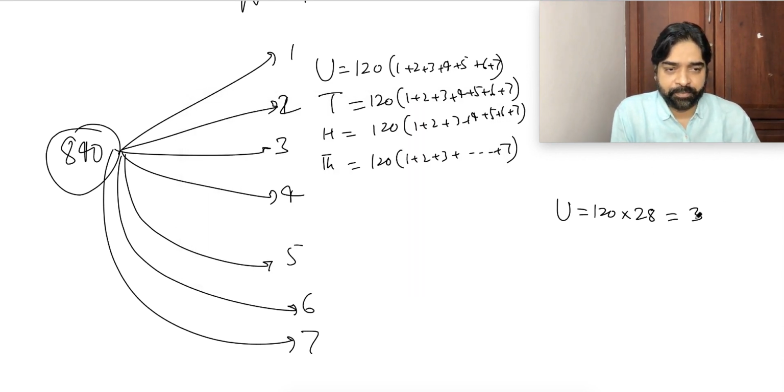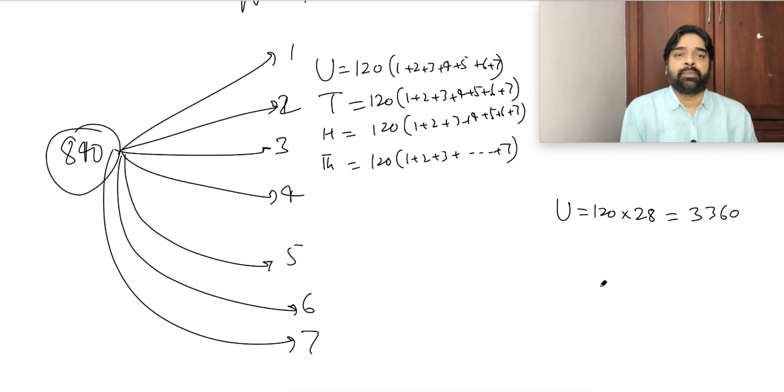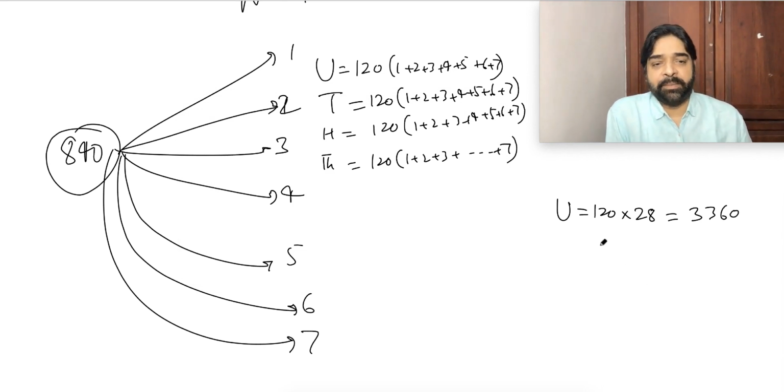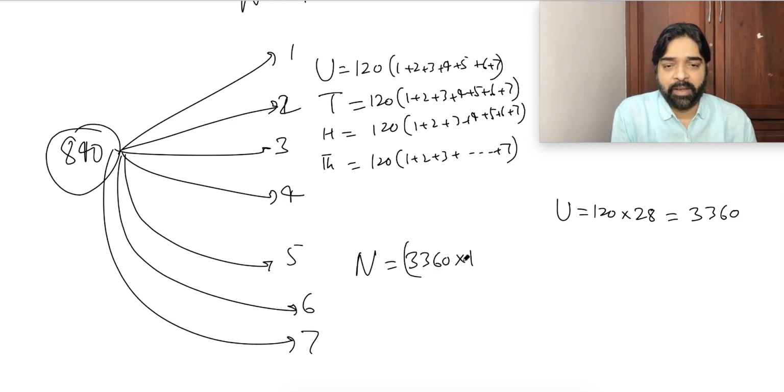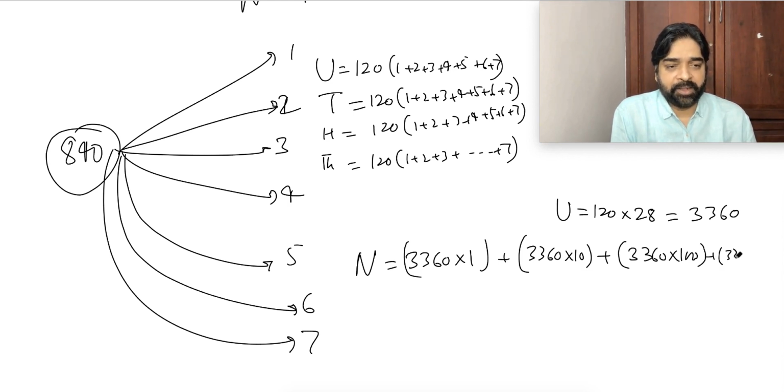3360. This is the unit place sum. Same thing for the 10th place, 100th place, 1000th place. But I have to find the numbers. The number will be: unit place into 1, that means 3360 into 1, plus 10th place into 10, 3360 into 10, plus 100th place into 100, plus 3360 into 1000.